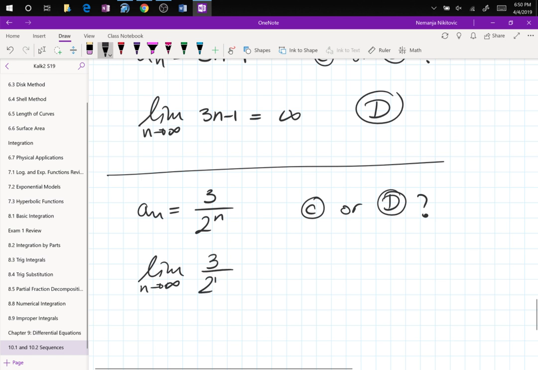Of 3 over 2 to the n is equal to what? Very small number. Which is 0. Yeah. Because you have a constant divided by a function that goes to infinity. So this is 0, and you say converges to 0.